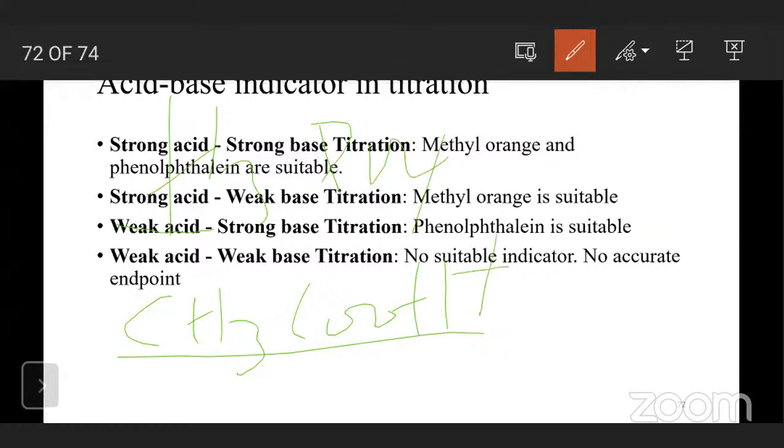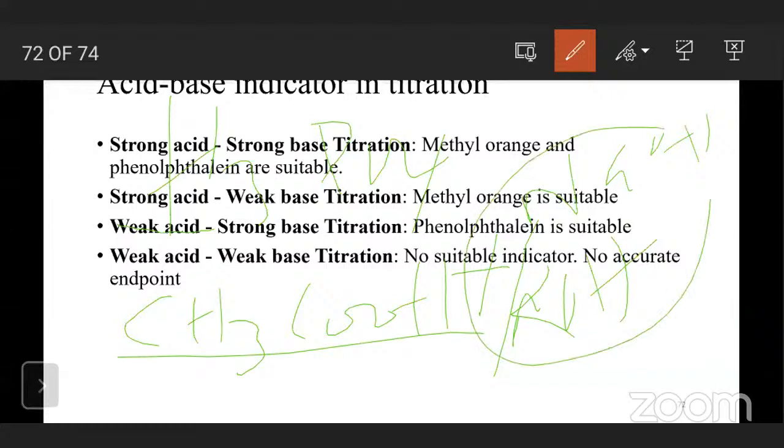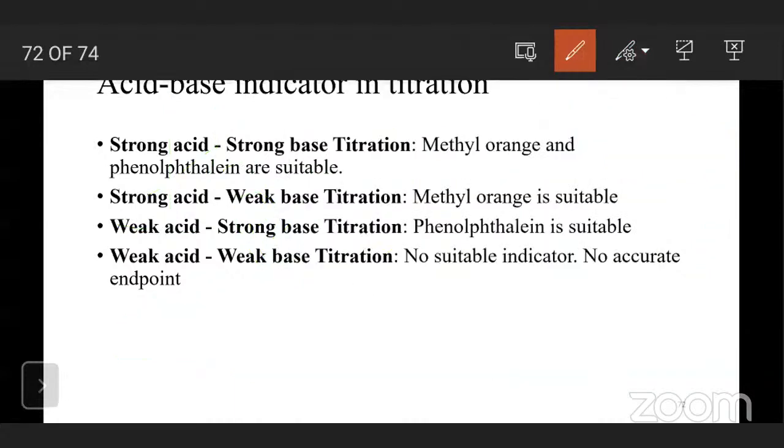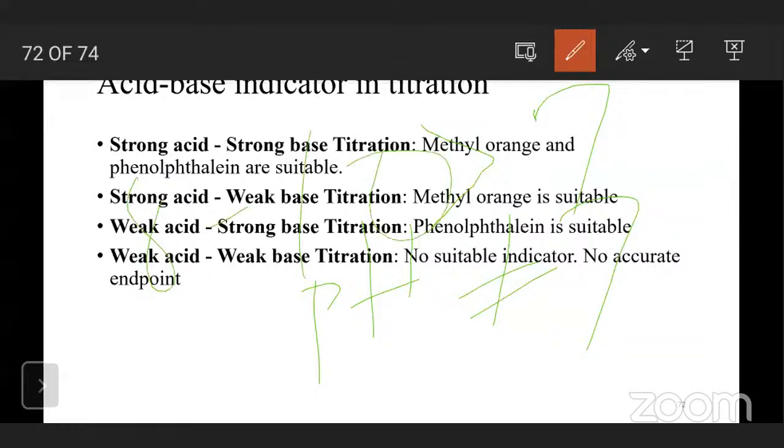If you react this with a strong base, maybe KOH, NaOH, and so on, what you will have as the resulting solution will be a slightly basic solution. So the pH will not be 7. You may have a pH that is greater than 7, maybe 8, maybe 9, maybe 10, maybe 11, and so on.